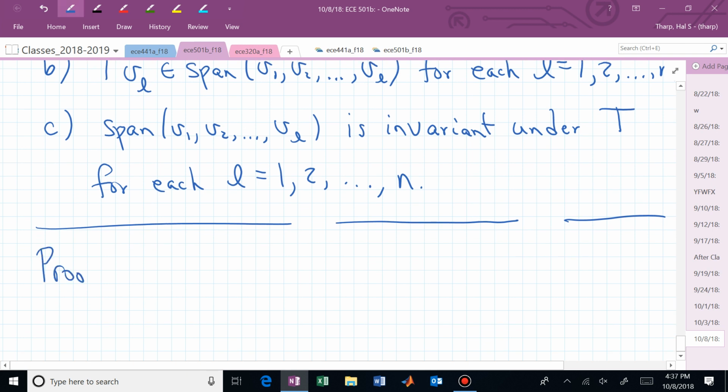So how do we show that or demonstrate that or prove that? First part, let's show that statement A and B are equivalent.